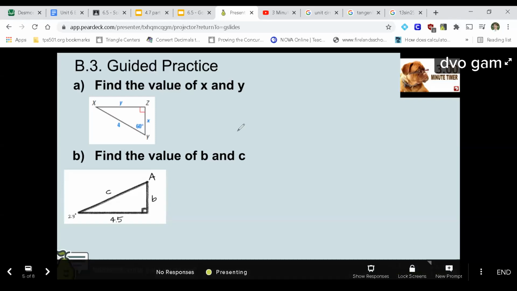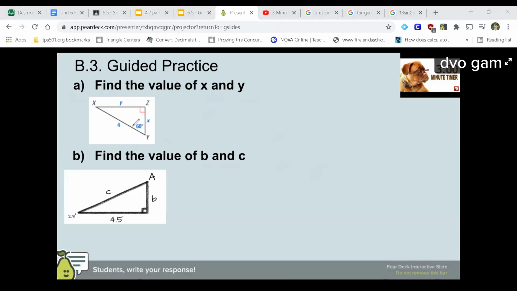The first thing you need to do to get started with this one is label. So based off this angle here, which one's my opposite, hypotenuse, and adjacent? That's the first thing you have to do.